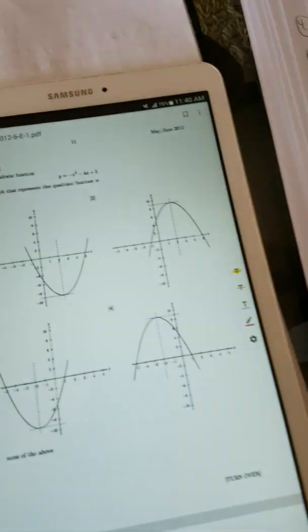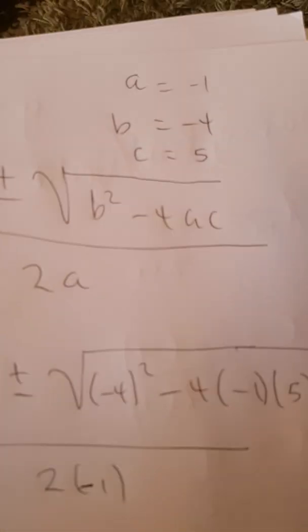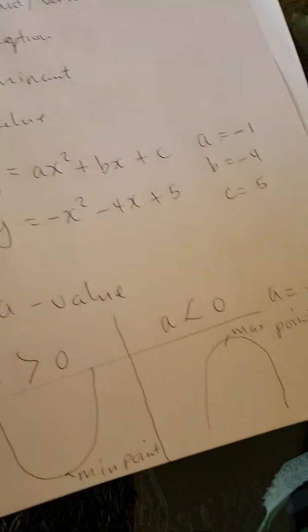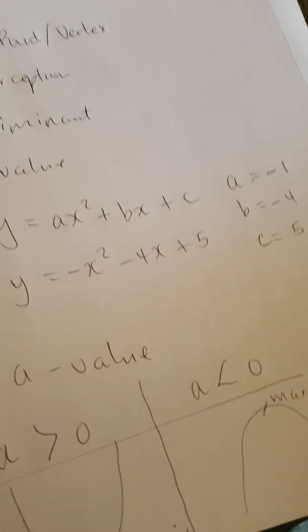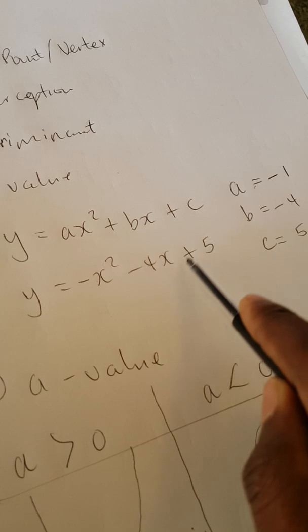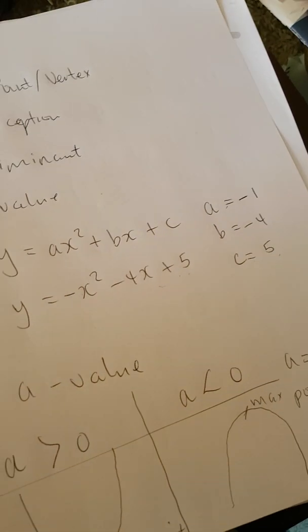So let's proceed with the value for c. Remember, I said something about the value for c. Let's calculate the c value. We're referring to this value, and our c value is 5. Do you see? Our c value is 5. So what does the c value refer to?